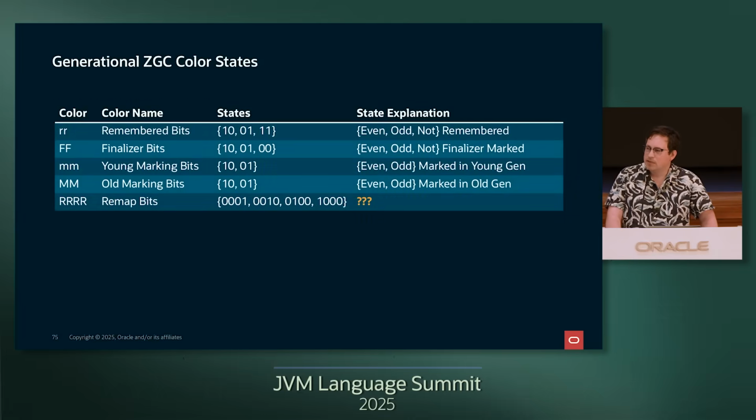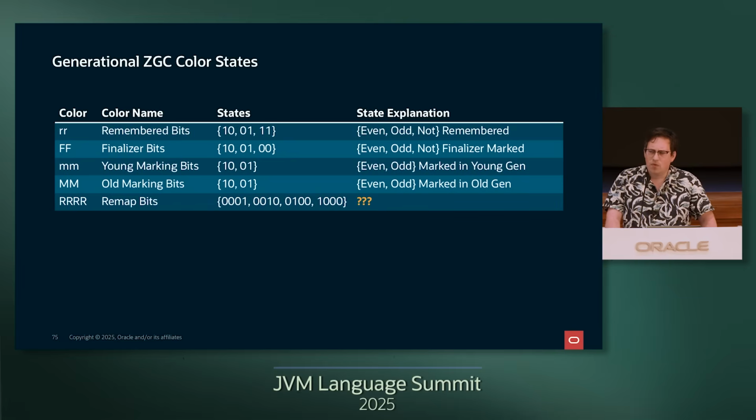Let's look at the possible states we have in these color bits. I talked about how we had odd and even marking in the non-generational ZGC. It's a sort of similar thing in generational ZGC, that most of these colors come in pairs, that they're two bits with either value 1, 0, or 0, 1, meaning some action happened in the even or in the odd phase.